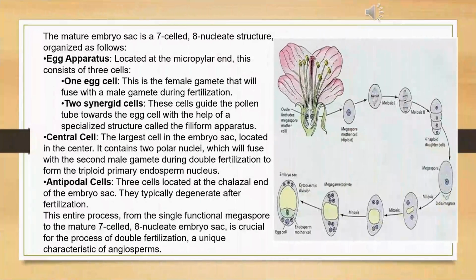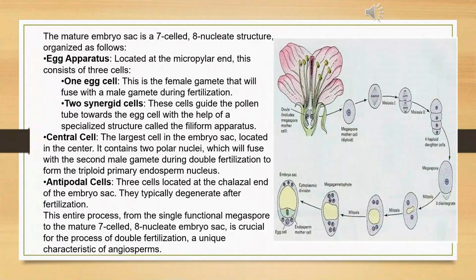The mature embryo sac is a seven-celled, 8-nucleate structure organized as follows. The first one is egg apparatus. It is located at the micropylar end. This consists of three cells.